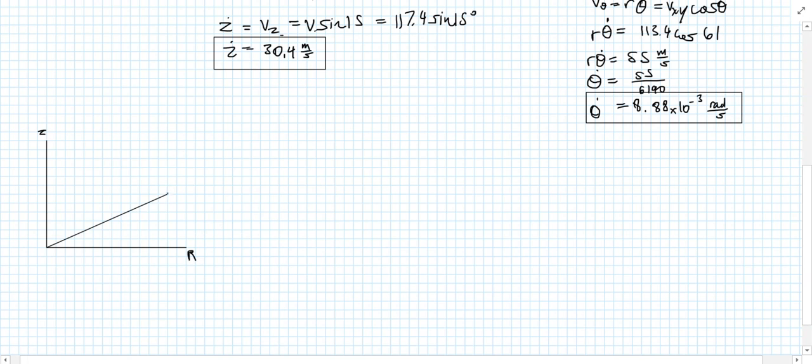We're going to have a Vr in this direction, so that's equal to r dot, which we're supposed to find.